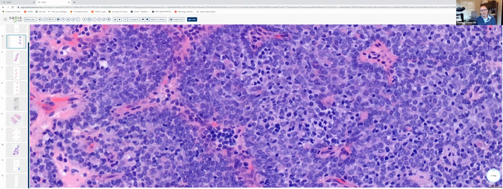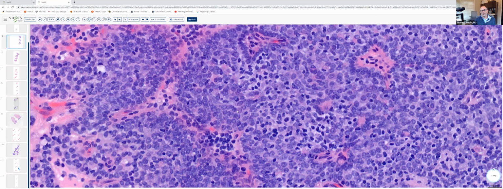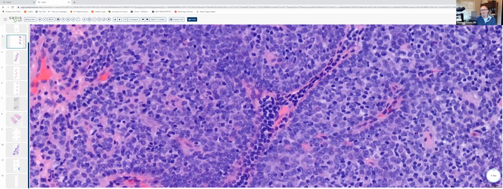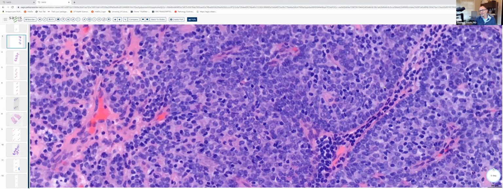And then sprinkled throughout the tumor, there are several lymphocytes, and these lymphocytes, of course, have smaller nuclei and little discernible cytoplasm. And then if you looked in areas, you could see hints of duct formation within this tumor.